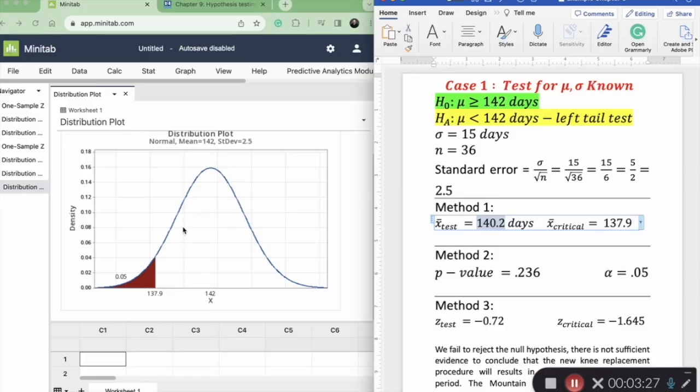The area on the left is 0.236, the p-value, which is greater than alpha, the rejection region. So that's why we fail to reject the null hypothesis. Any of these three methods will work and give you the same result at the end.